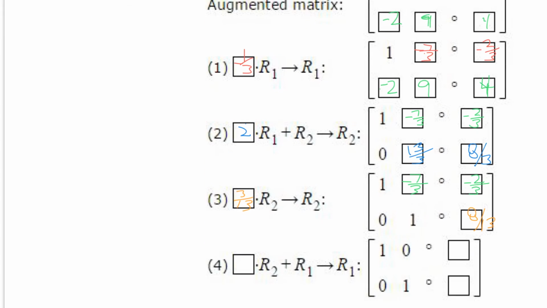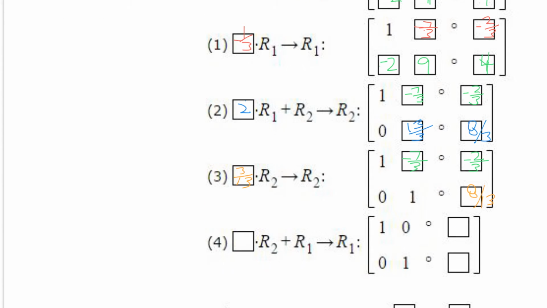Now I'm going to do my last step, step 4, which is showing me that I need to change this number right here to a 0. To do that, I need to multiply row 2 by some number and add it to row 1. I want to take 7/3 times 1 and add it to negative 7/3 so I can get opposites. So the number that I want to put in here is 7/3. Now I'm going to take 7/3 times row 2. 7/3 times 0 is 0, and 0 plus 1 will give me 1, which is here.